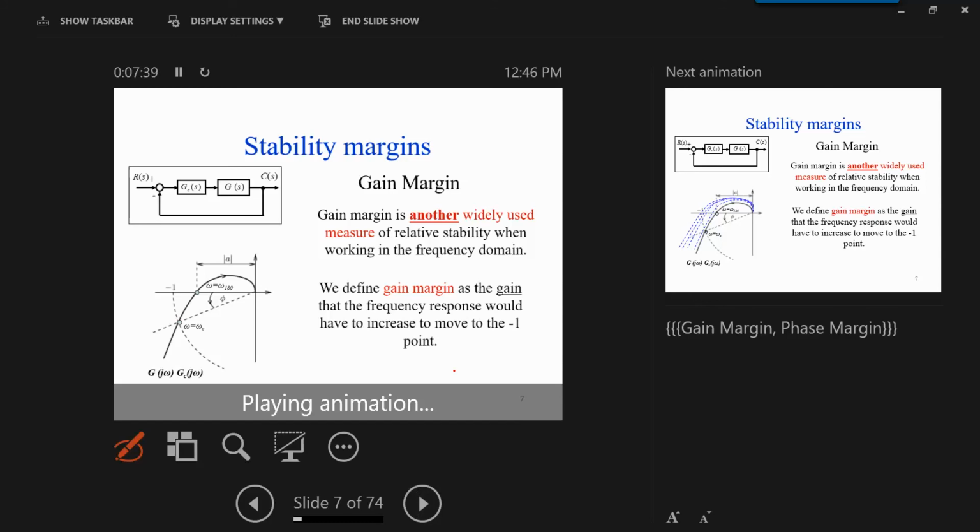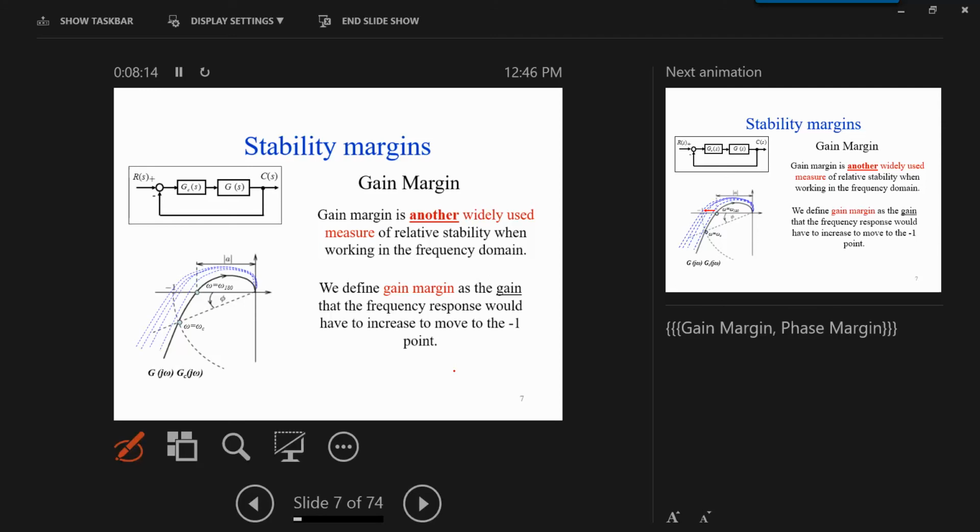If we want to look at the phase margin and gain margin from the Nyquist plot, what is a Nyquist plot again? Do you know what a Nyquist plot is? It is the real versus imaginary plot of the transfer function. It is like the Bode plot, but instead of magnitude versus frequency and phase versus frequency, you cancel the frequency, it becomes a parameter, and you plot the magnitude versus phase.